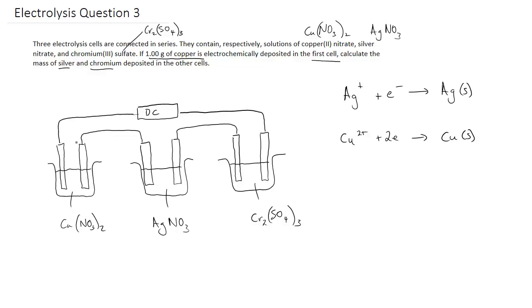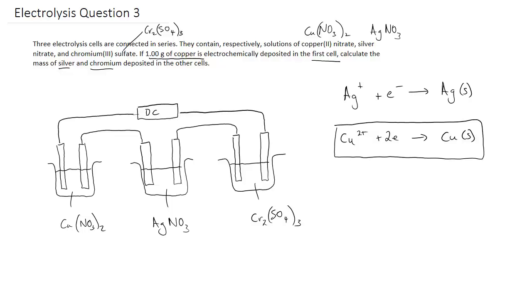All right. You can only have copper forming where you have copper ions present. So what that basically means is that this reaction here is proceeding forward, in the very first half cell.